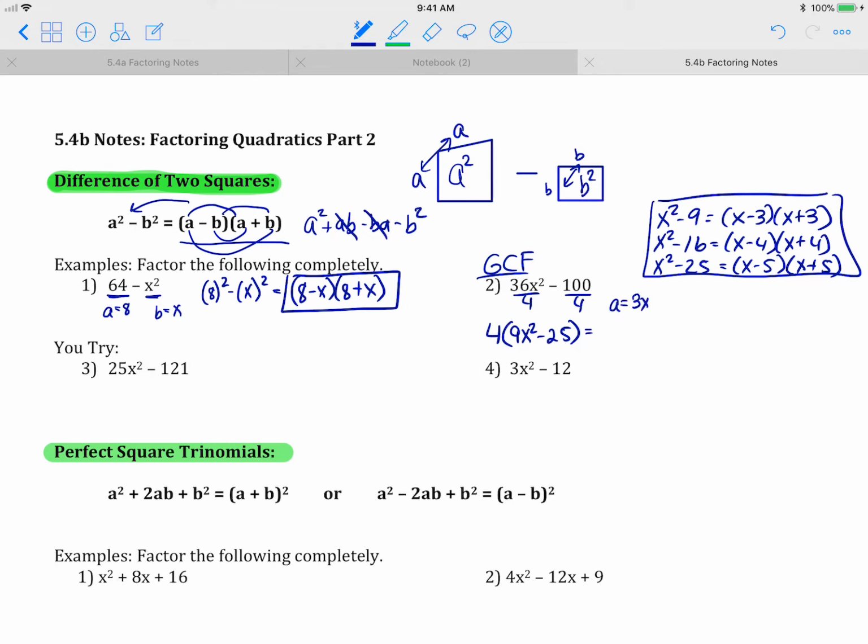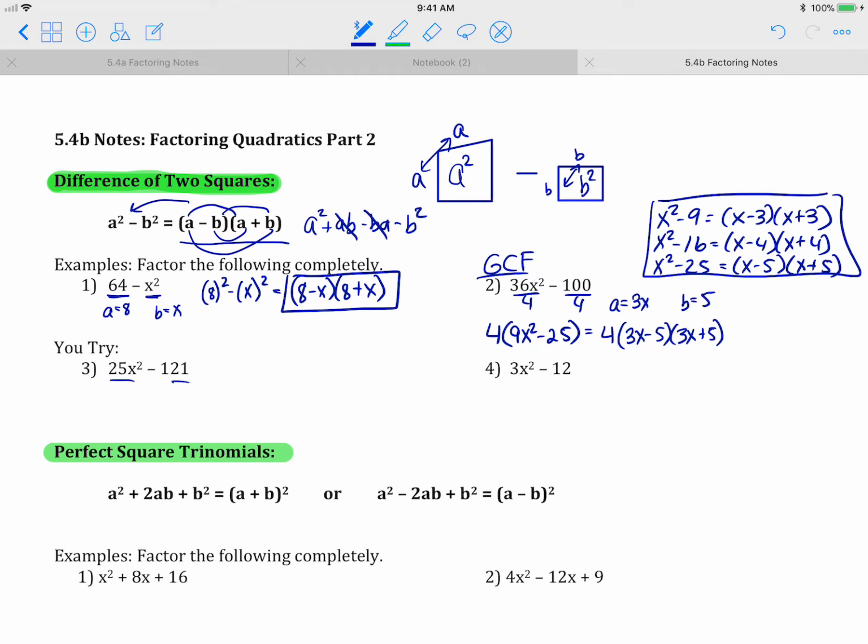And what could I square and get 25? 5. So my answer is actually 4 times the quantity 3x minus 5, 3x plus 5, and that is much better, okay? So next, is there a GCF here?